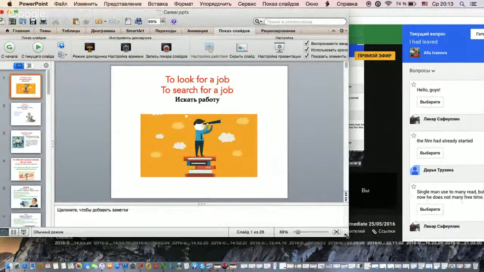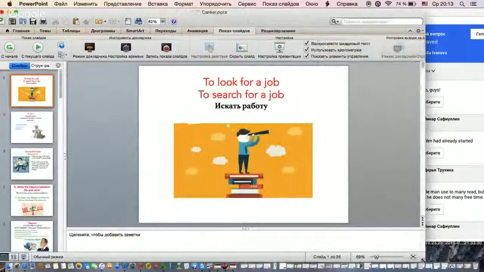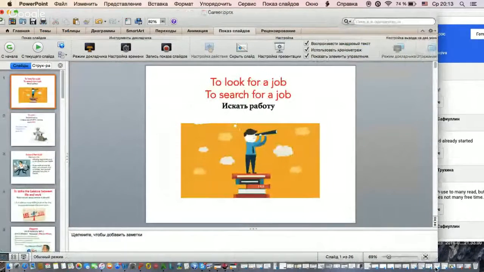Now it's time for us to learn some phrases and words about the next stage in people's life, which we call career. So what phrases and what words can we use while talking about career and building it up?